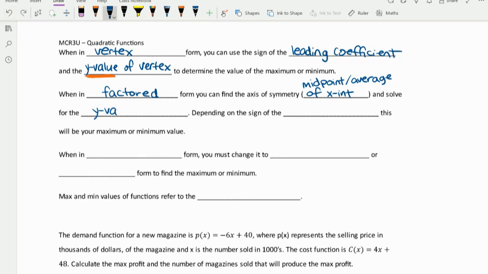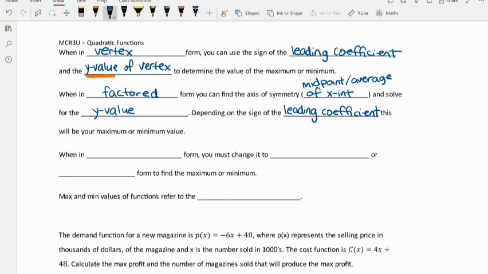Oops. So depending on the sign of the leading coefficient again, this will be the max or the min.